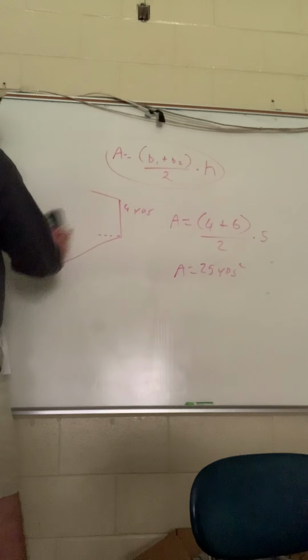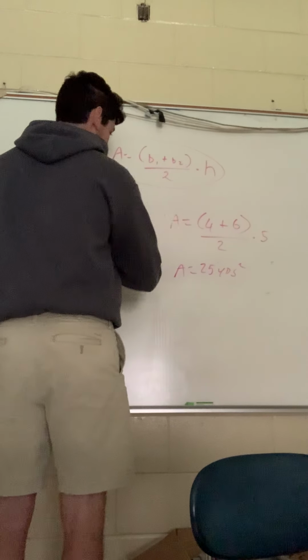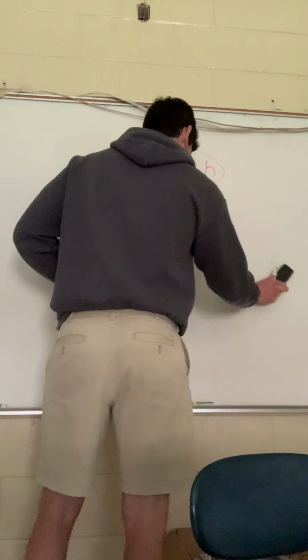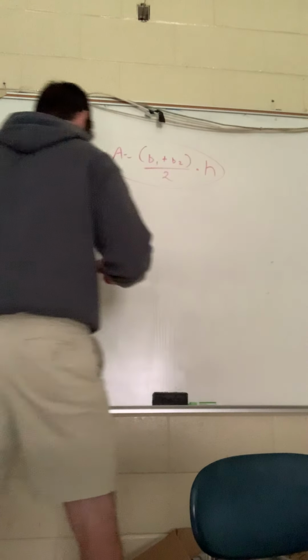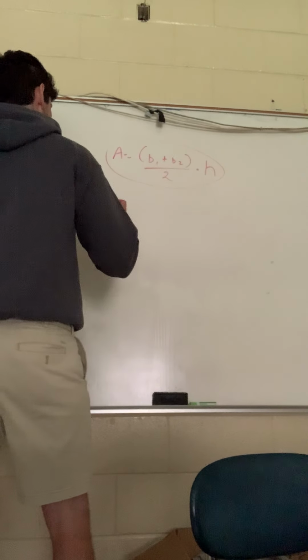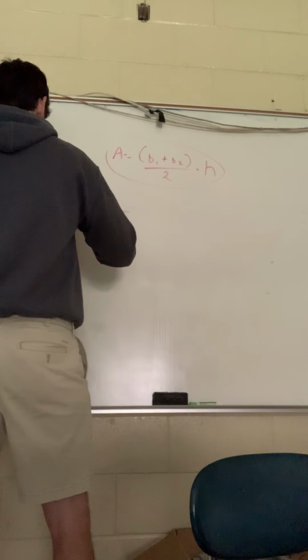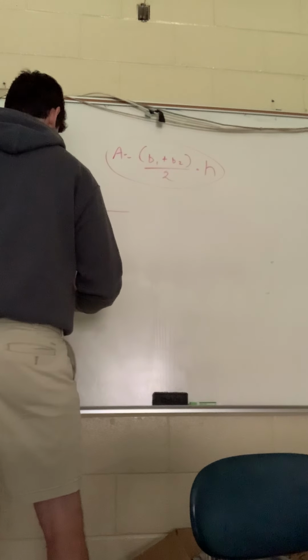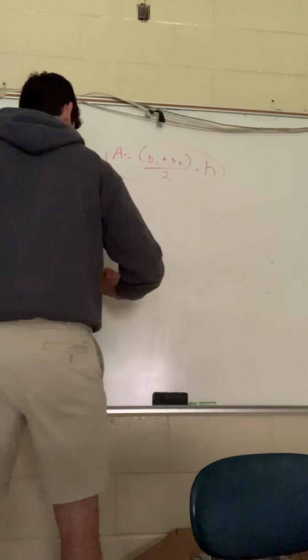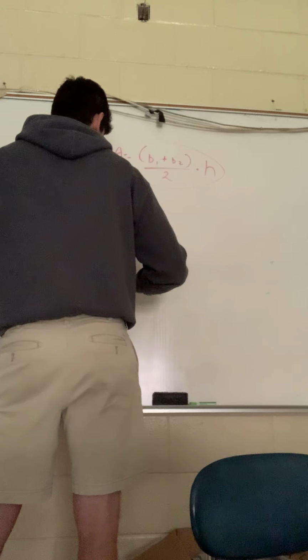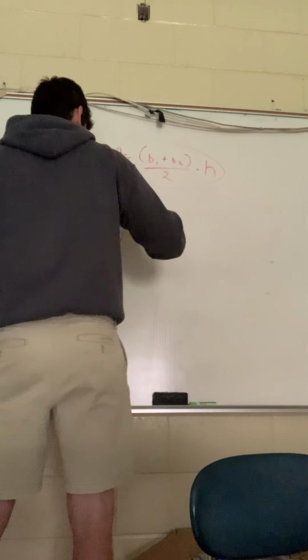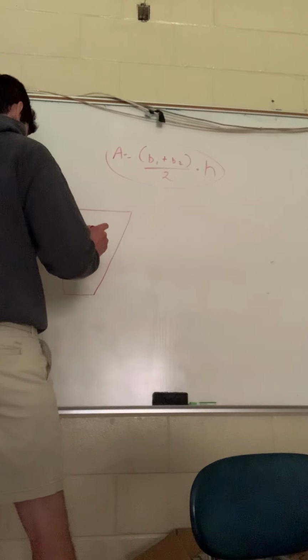I want to do 2 more problems. This also is a little bit funny looking, but I just want you to see that nothing changes for us as long as we stay consistent with the formula.